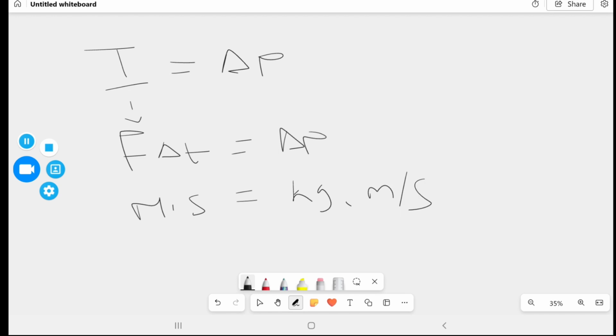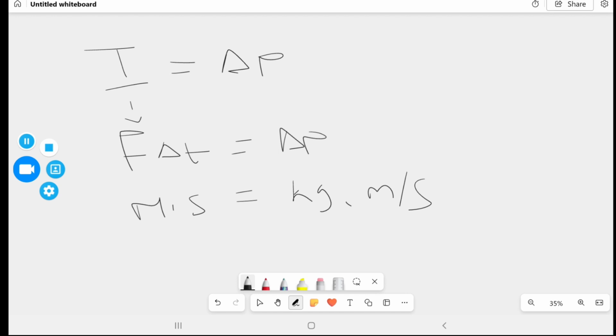Whenever you find these units written like this, just know that it's the same thing. You can either write Ns or kg m/s without changing anything. These units are basically the same, so don't forget that as we go on.